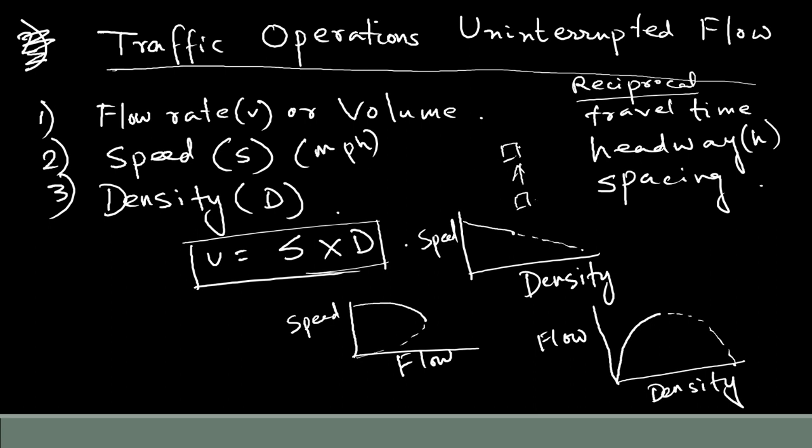Let's say this is car number one and this is car number two. Car number one passed this point at t equals t1, and car number two passed this point at t equals t2. Then t2 minus t1 is the headway. I don't want to go into the actual discussion of what headway and spacing are, but you need to know all these things.